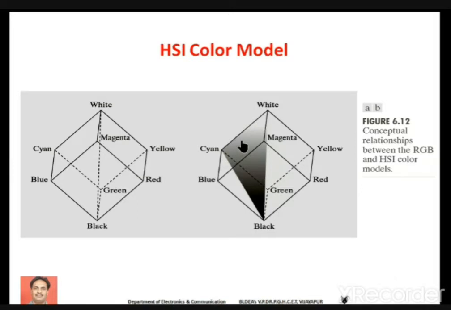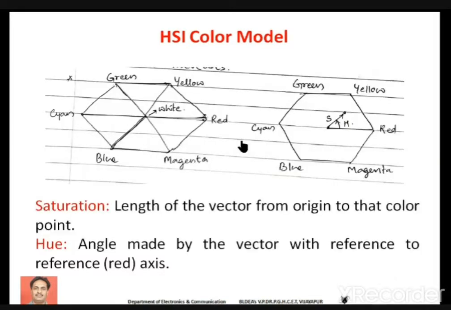Next, how do we measure saturation and hue? To measure saturation and hue, we are going to use these diagrams. We model the HSI color model in the form of a hexagon. We use the hexagon shape for modeling the HSI color model.